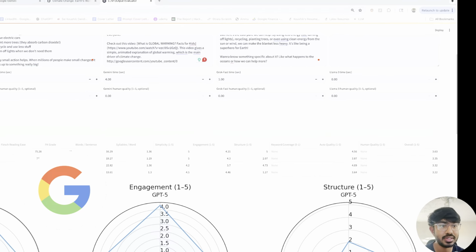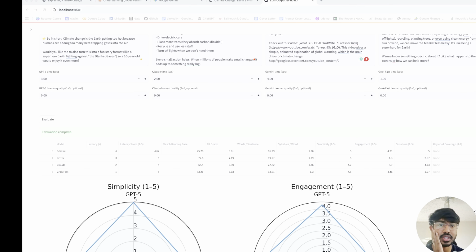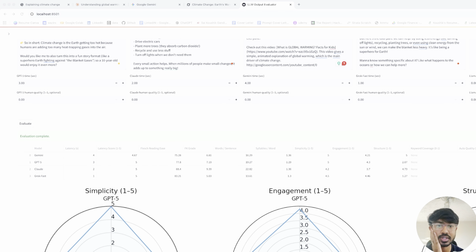Gemini did a really good job on creating content. What are the good parts of Gemini? The structure is good, 5 out of 5. That is the reason Gemini won by a lot. Whereas GPT-5's structure is not good apparently, and there is the latency score, and it is simple. Based on that, Gemini won, guys.